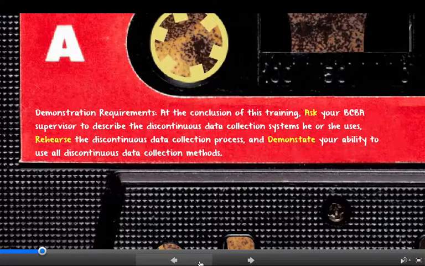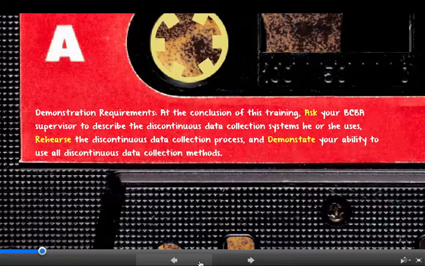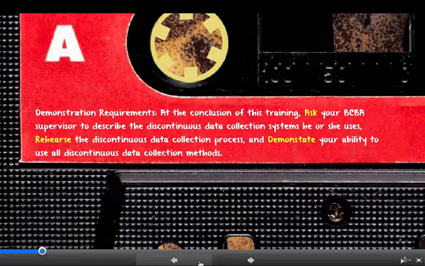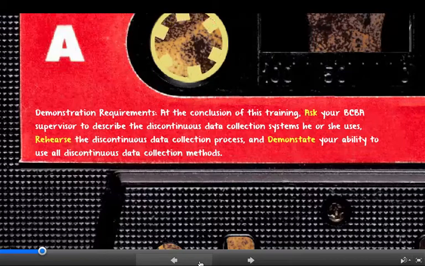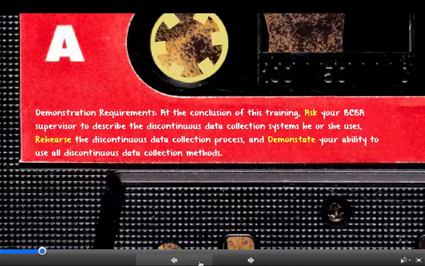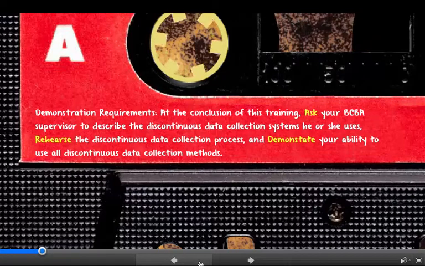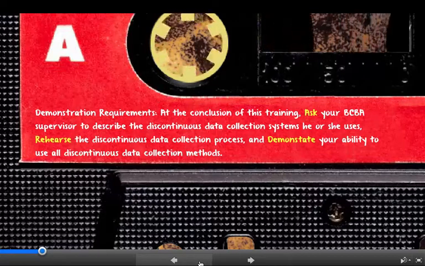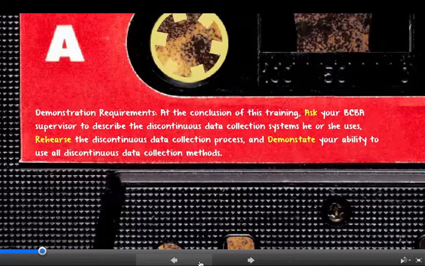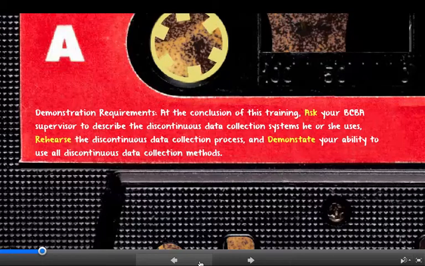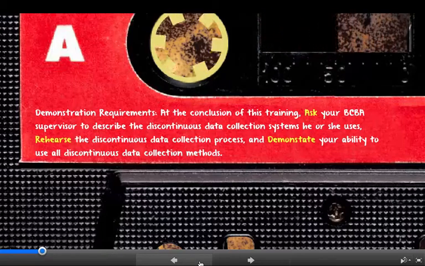It'll be good for you to get an overview from your BCBA supervisor in terms of what specific data collection methodologies they're using and those that you will likely come in contact with. But for the purpose of thoroughgoing instruction, I'm going to give you an introduction to all the discontinuous measures, just so that you're prepared to work in any situation and be able to manage with agility all forms of data collection demands that may be imposed on you.